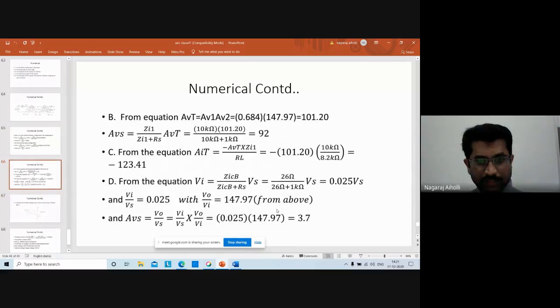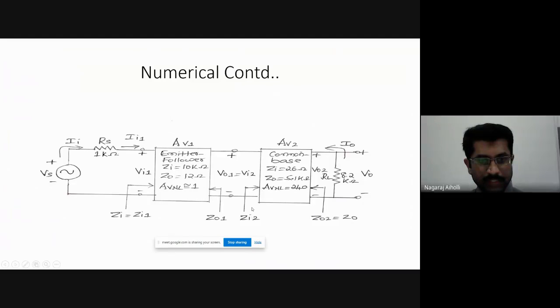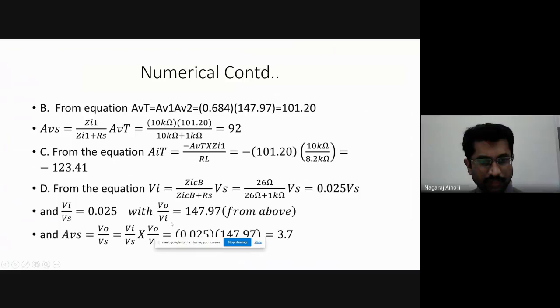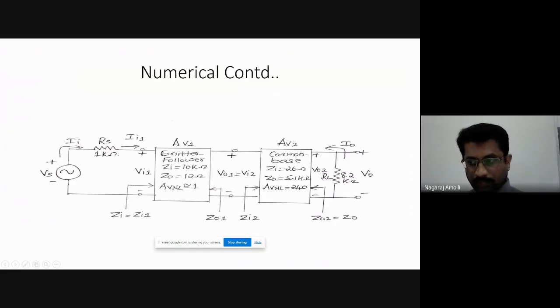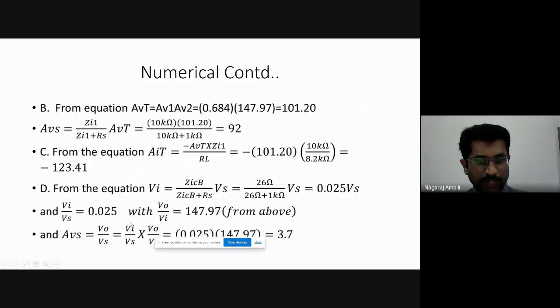Use that. We are getting AVS is equal to V naught by Vs, that is total output voltage by total input voltage. Total output voltage is V naught, then total input voltage is Vs. So V naught by Vs is equal to Vi by Vs into V naught by Vi.